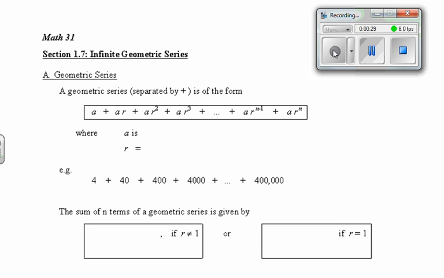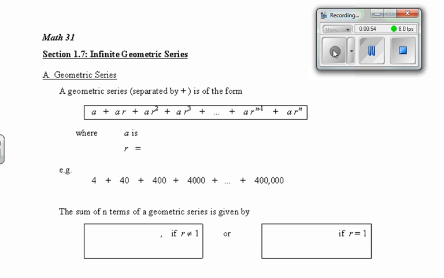All right, infinite geometric sequences, that was Wednesday. Now, infinite geometric series. You've all taken sequences and series in the past. You know that a geometric series is a geometric sequence separated by addition symbols.